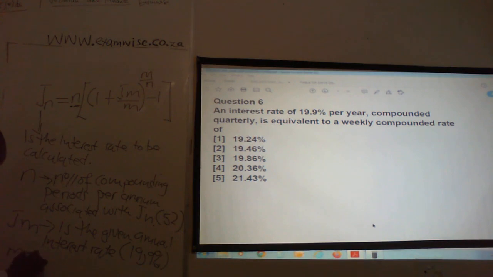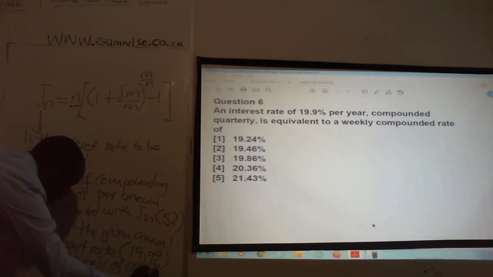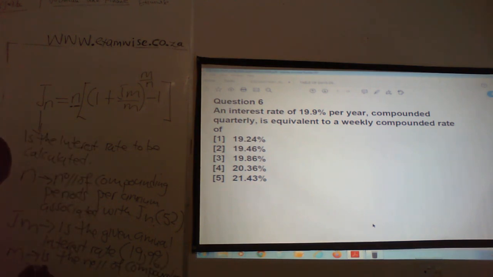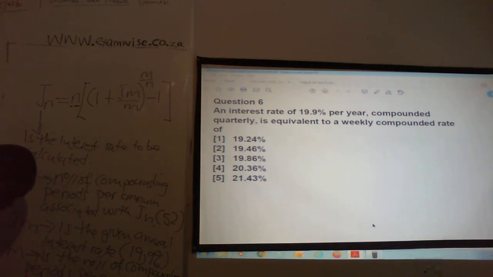So Jn and n go together, and Jm and M go together.